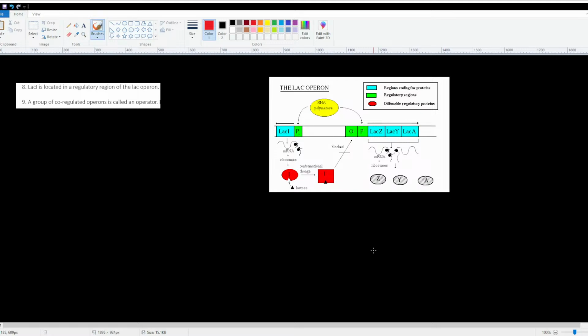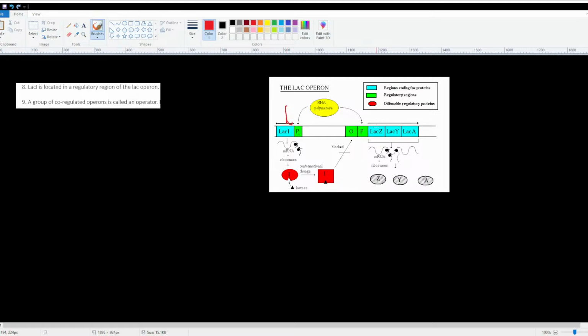Okay, so yeah, here we have a color coded diagram. In the light blue we have the lac I, lac Z, lac Y, and lac A, and all of these regions are coding for proteins.